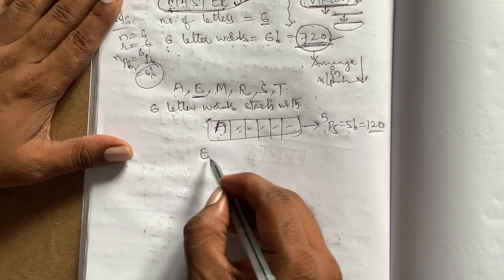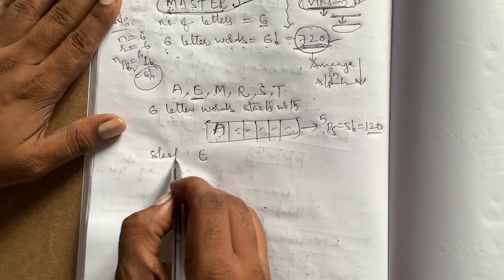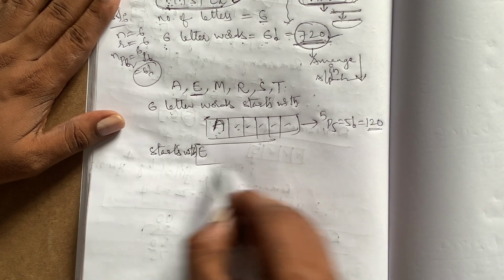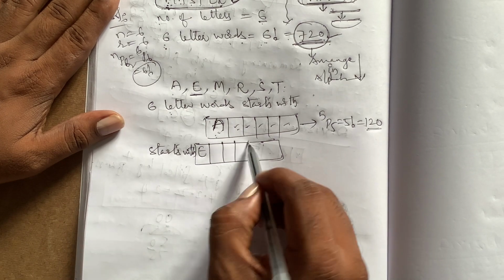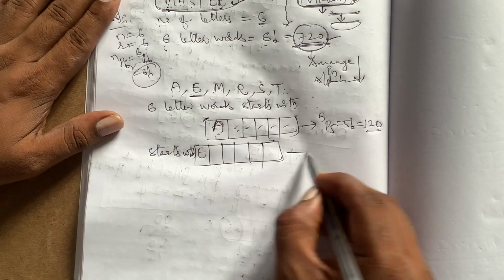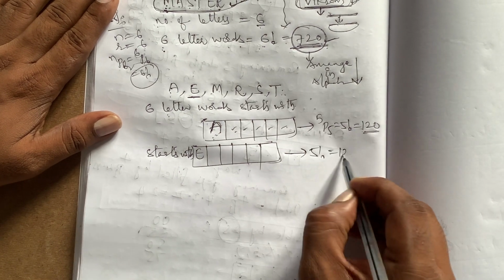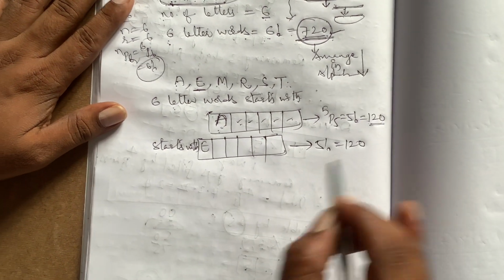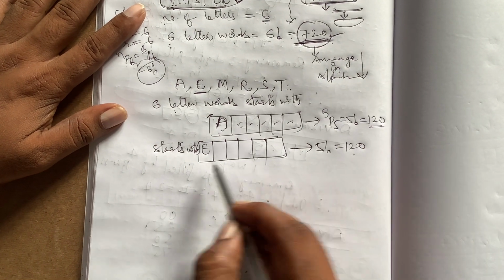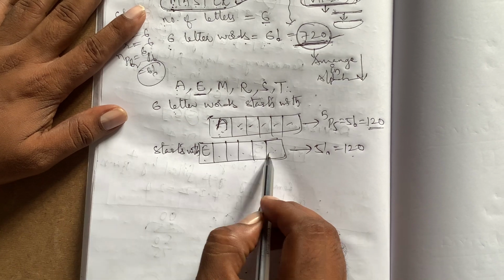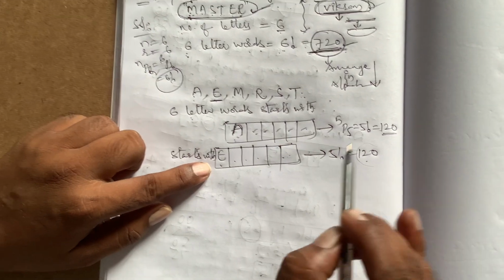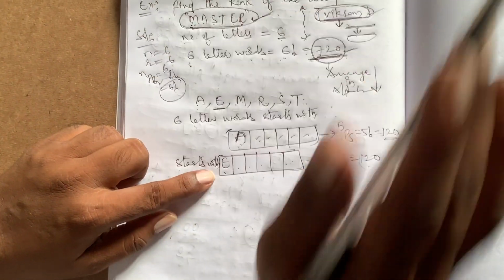E. So six-letter words starting with E. Again take 6 gaps, fix E here, then the remaining 5 letters can be arranged in 5 factorial, which is equal to 120 ways. Among these 120 six-letter words, there is no word master.